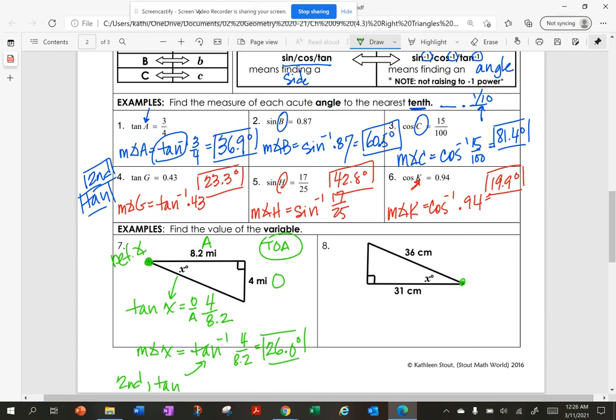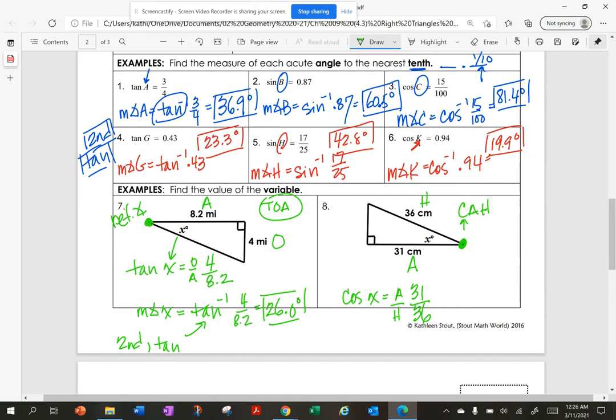So the reference angle is the angle I'm trying to find. If I label the sides that I have, this is the adjacent side, and this is the hypotenuse. So I know I need to use cosine because I have adjacent and hypotenuse. So I'm going to say the cosine of x equals adjacent over hypotenuse, which is 31 divided by 36.